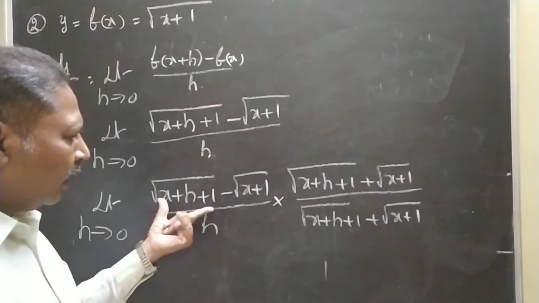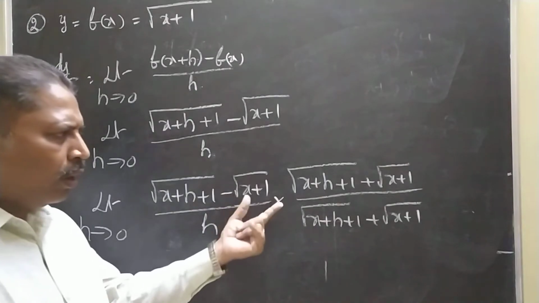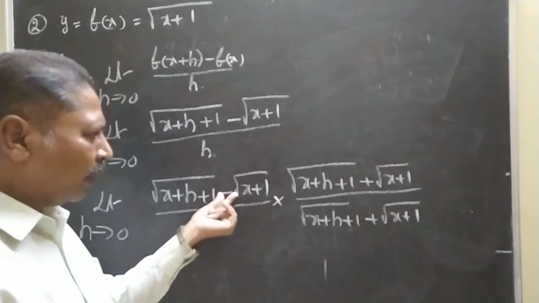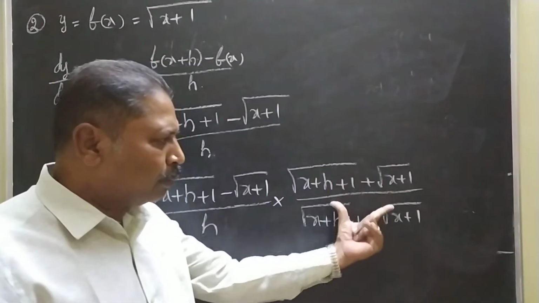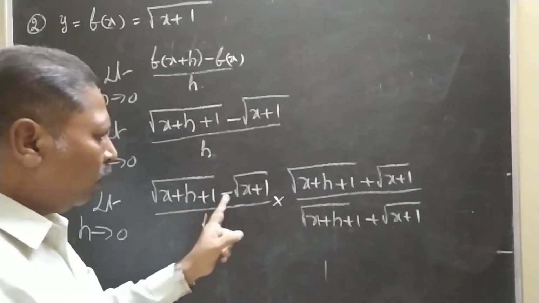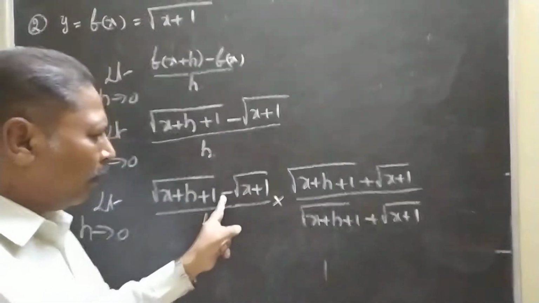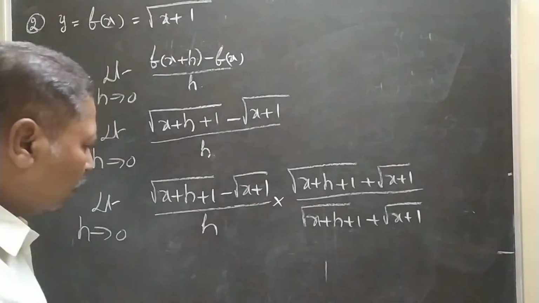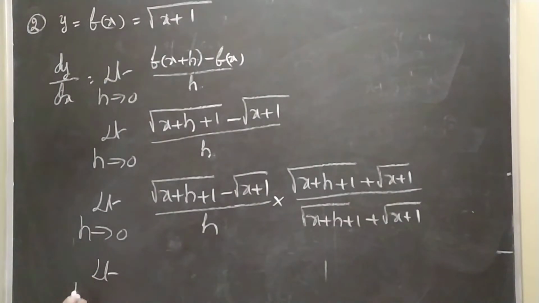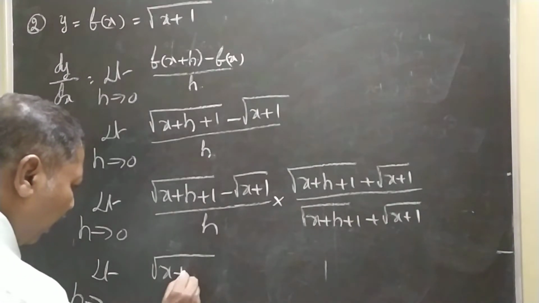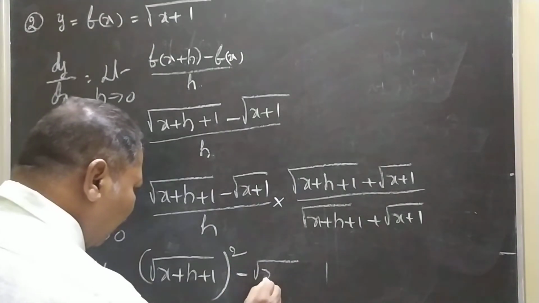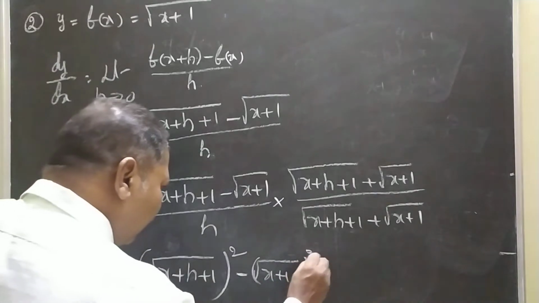So this is a minus b. Multiply and divide with the a plus b term, a plus b by a plus b. So (a plus b) into (a minus b) is a square minus b square. So limit h tends to 0, a square is (x plus h plus 1) whole square, minus b square.